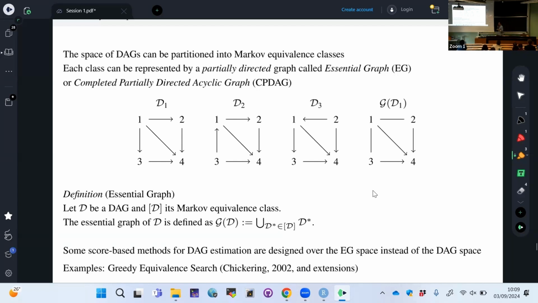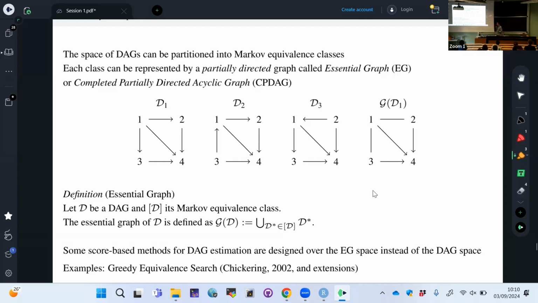Another reason is more from an interpretation point of view. If you have a score method which outputs a DAG estimate, you must be careful, because it may be that some edges in the DAG that you have estimated have some orientation because you used a DAG score-based approach, but the orientation of those edges is not unique because there might be another DAG which is Markov equivalent with the orientation reversed for some edges.